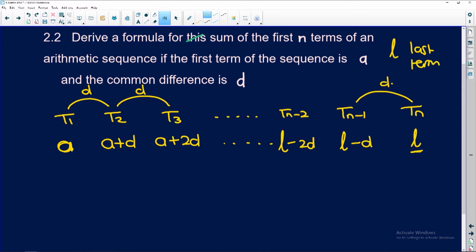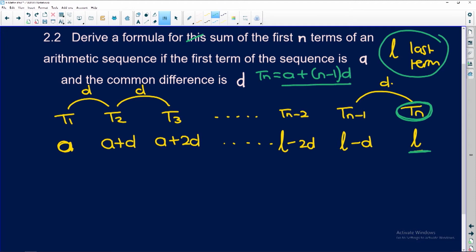But bear in mind, guys, the last term is also given to us by Tn. And what is Tn in an arithmetic sequence? It is A plus n minus 1 multiplied by D.